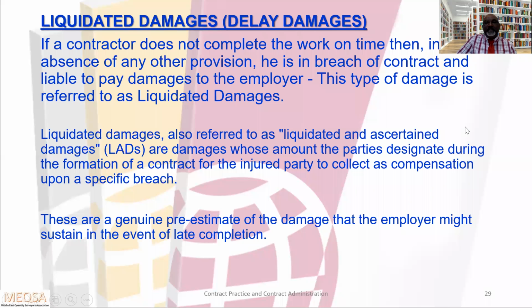Liquidated damages, in FIDIC, are called delay damages. If a contractor does not complete the work on time, then in the absence of any other provision, he is in breach of contract and liable to pay damages to the employer. This type of damage is referred to as liquidated damages.